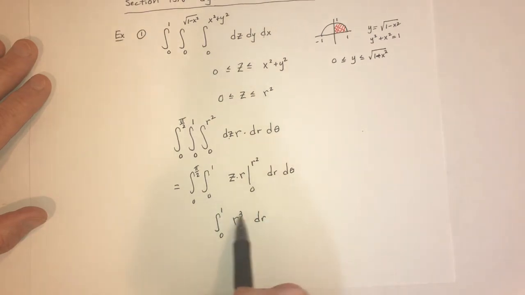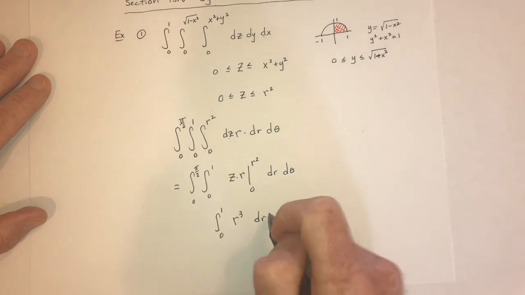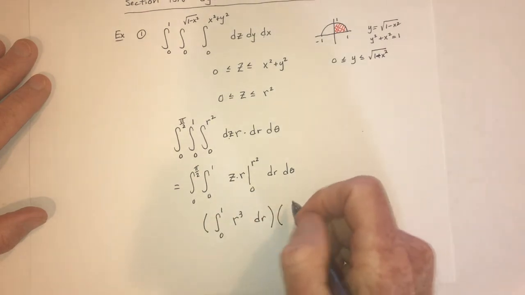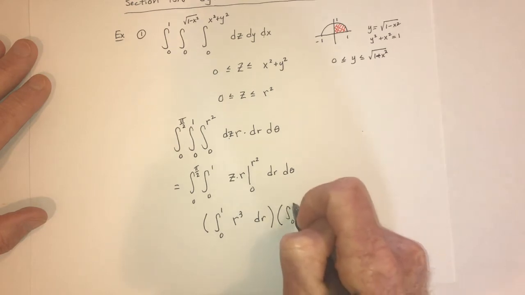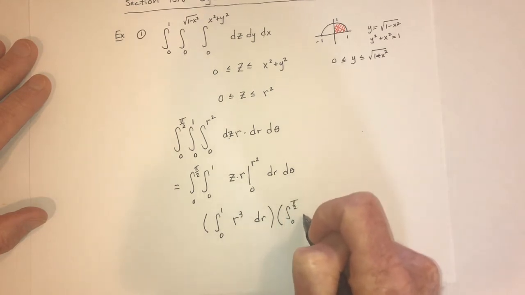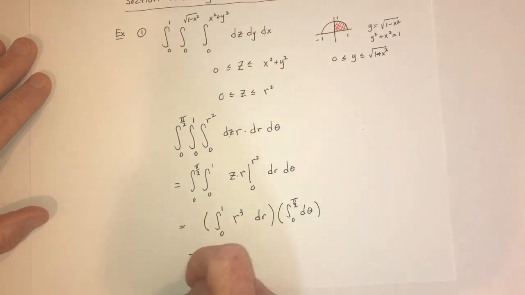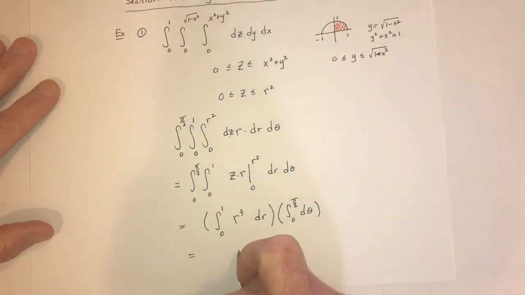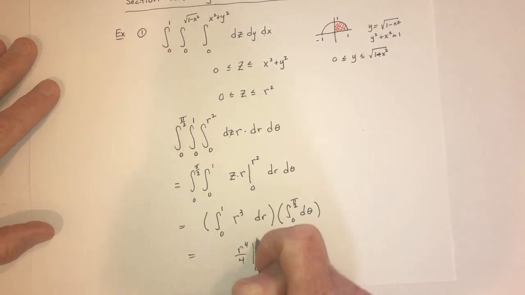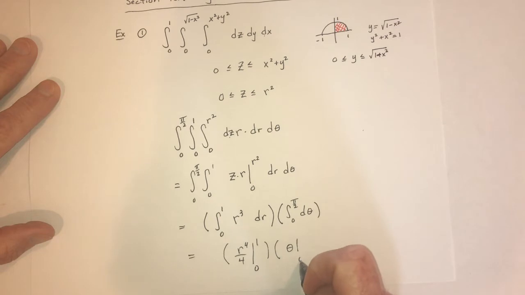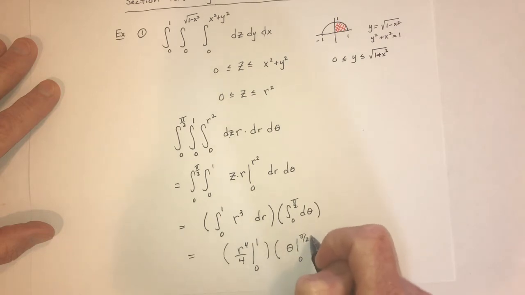And this has no theta in it, so we could actually do the integral of the theta part also right next to it at the same time. So the antiderivative is going to be r to the 4 over 4 evaluated from 0 to 1 times, this will just be theta evaluated from 0 to pi over 2.